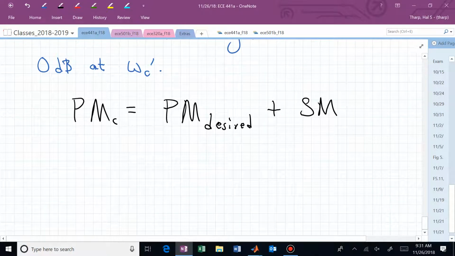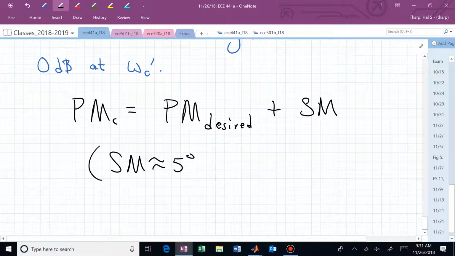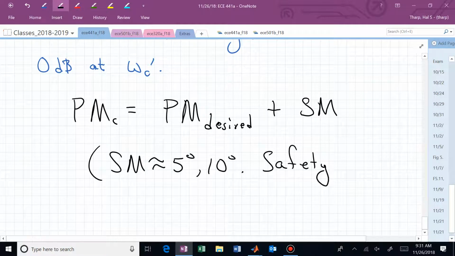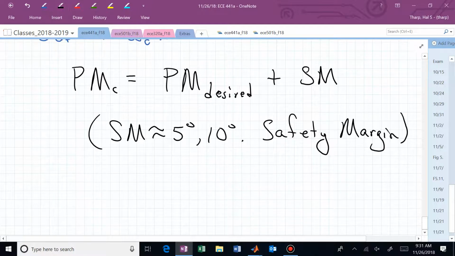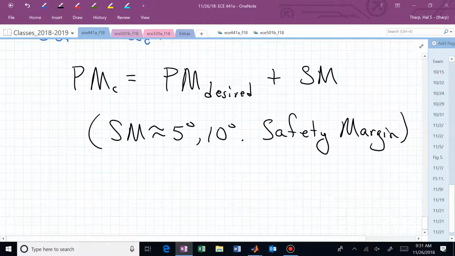So safety margin is 5 or 10 degrees, depending on how the phase curve is sloping near that new gain crossover frequency. And you just pick that number, 5 or 10, and add it on to your desired phase margin, and now you find what frequency that would occur at.